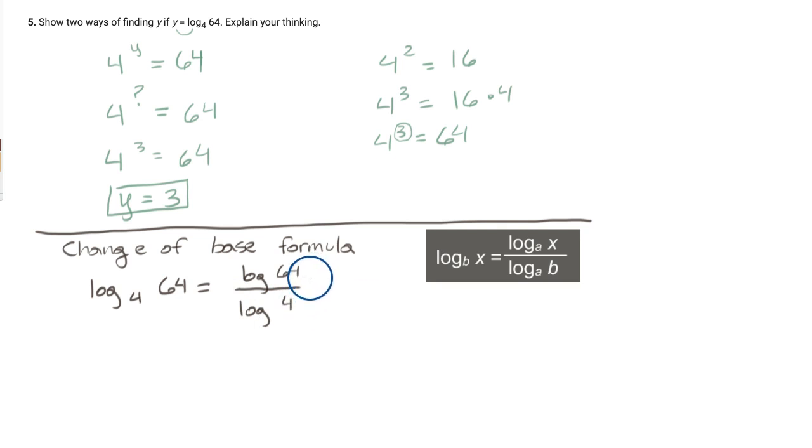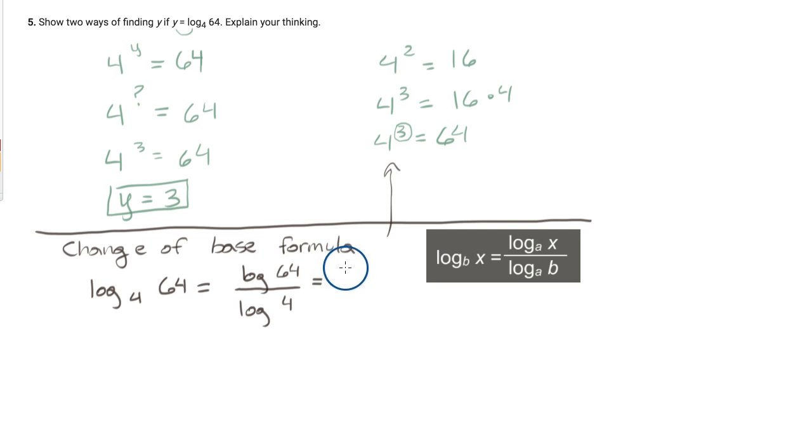We can take this a step further, and we can use one of our rules to help us next. We've just learned up here that 4 to the third power is the exact same as 64.